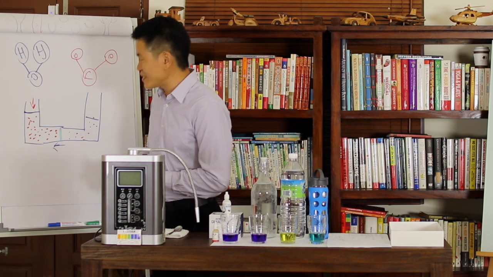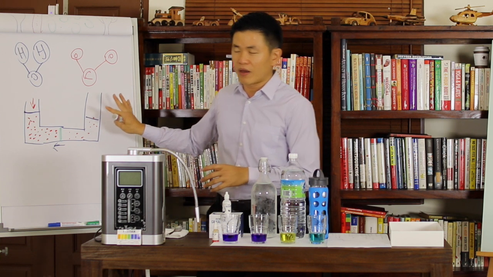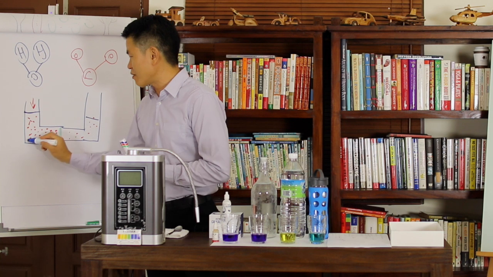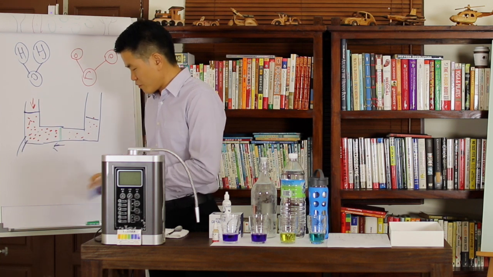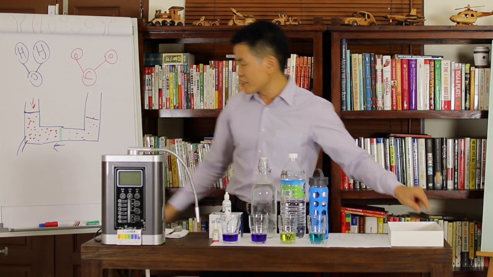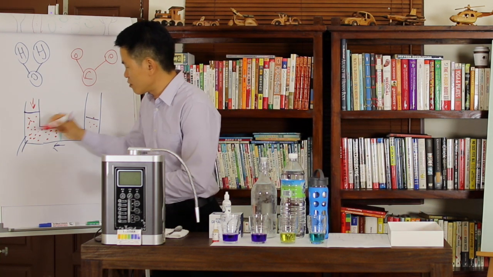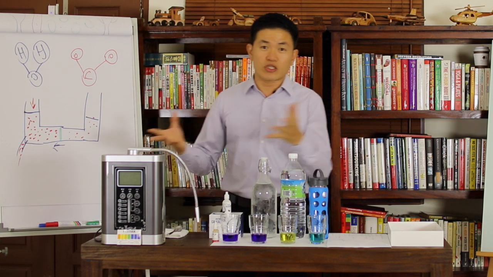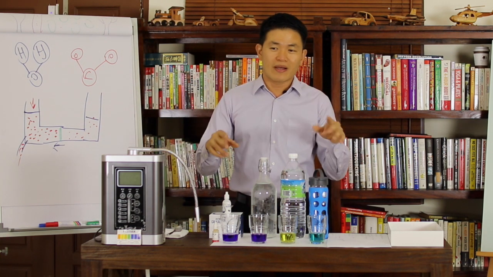But this is a simple static diagram. In the real machine, there's actually another outlet that brings out the water that contains the minerals. So if you look at the reverse osmosis machine, there are two outlets.